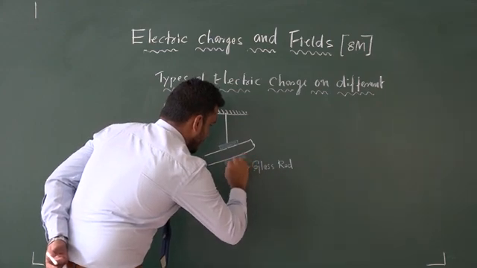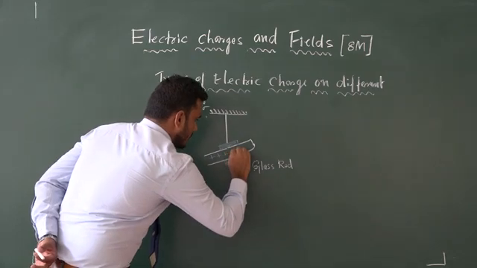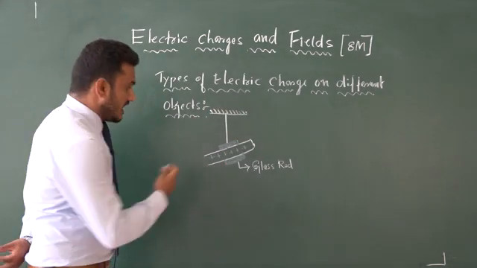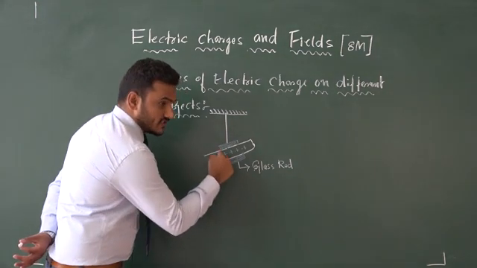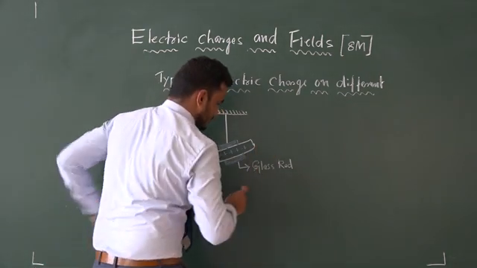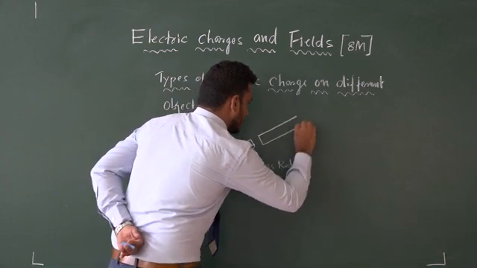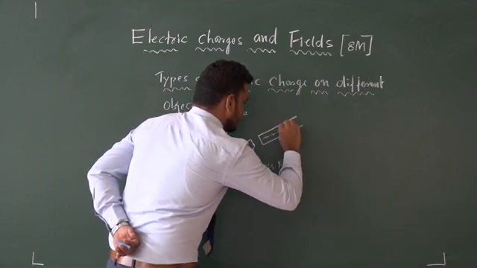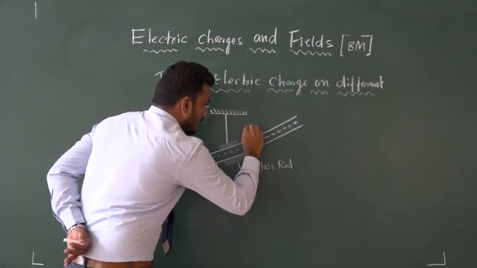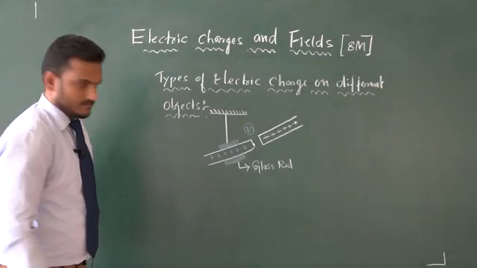When the glass rod is rubbed with a silk cloth, the glass rod acquires positive charge. Now I am going to bring a similarly charged rod, that is, with positive charge. These two rods repel each other. That is the first diagram.